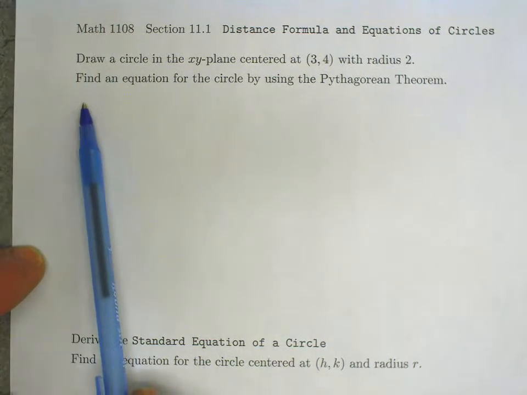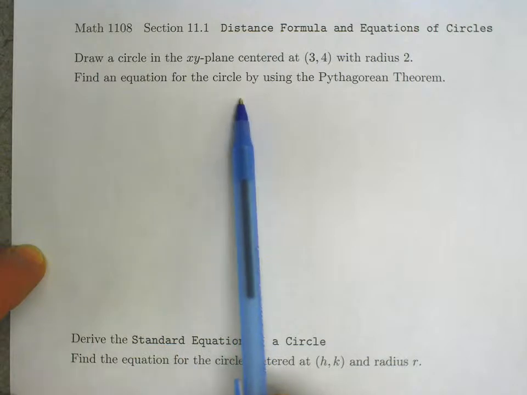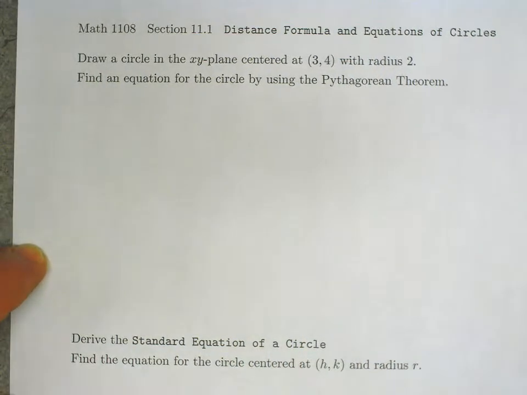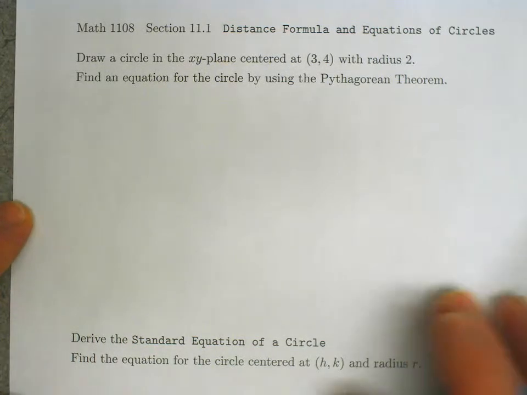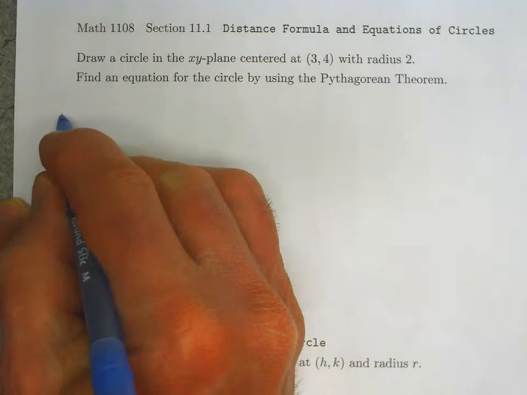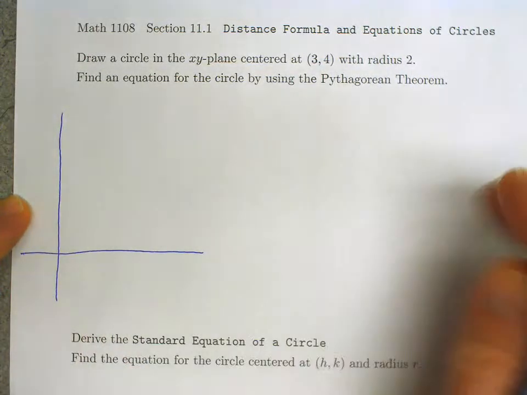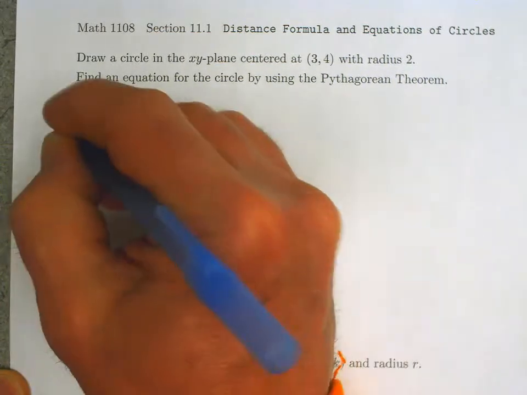And then I'll show you how to find an equation for that circle by using the Pythagorean Theorem. Okay, so first we'll attempt to draw a circle in the xy plane.